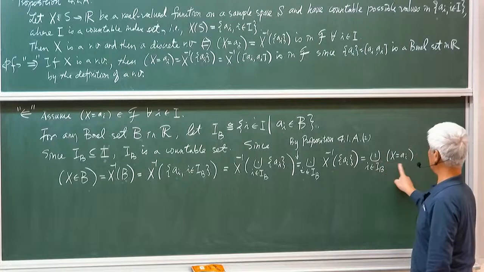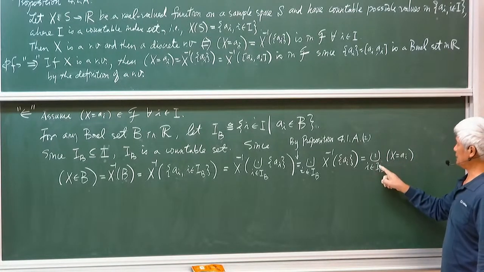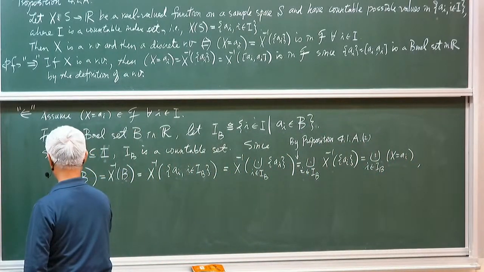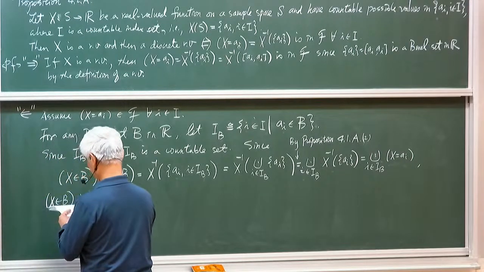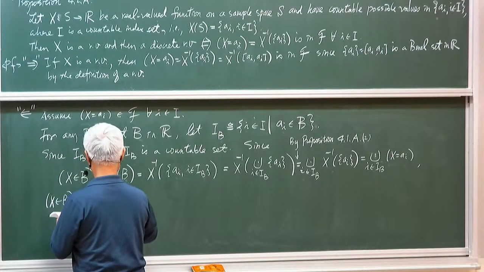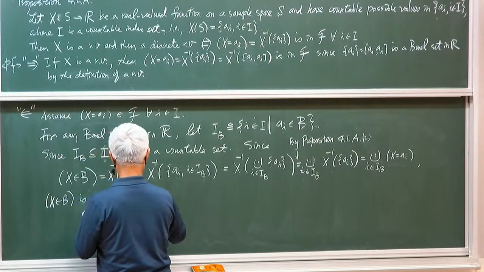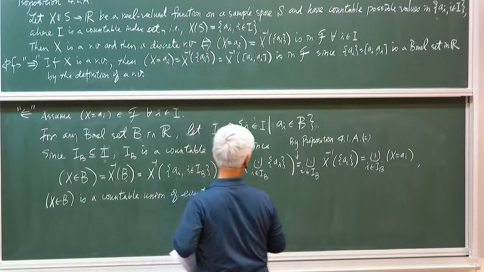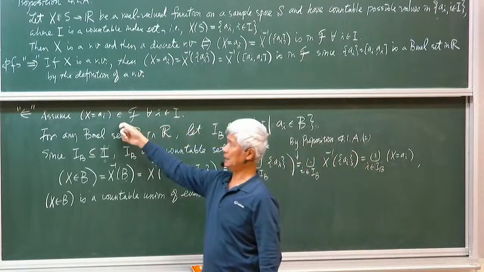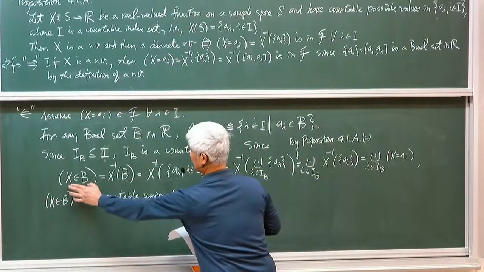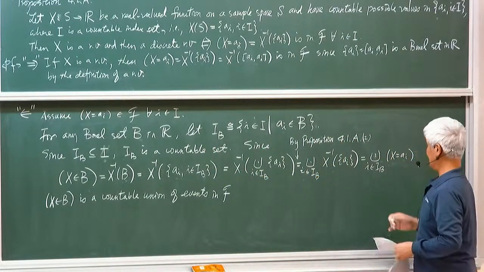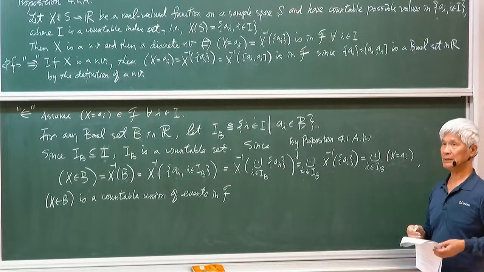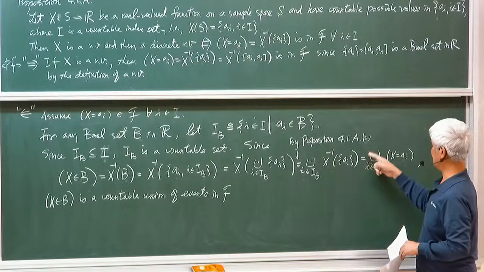And how many events like this? Because I sub B is a countable set, X in B is a countable union of events in F. Each X equal to a_i, by our assumption, is in F, and this set is the countable union of events in F. The third property of a sigma algebra gives us that this is also in F.